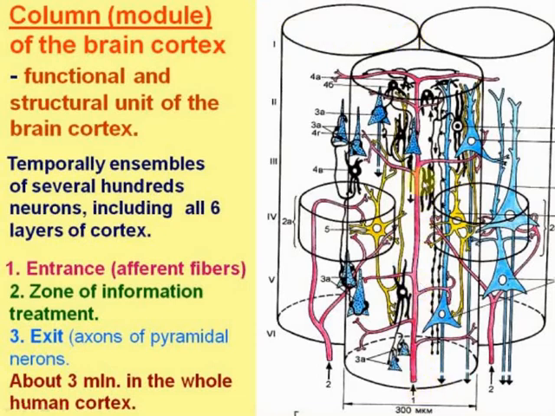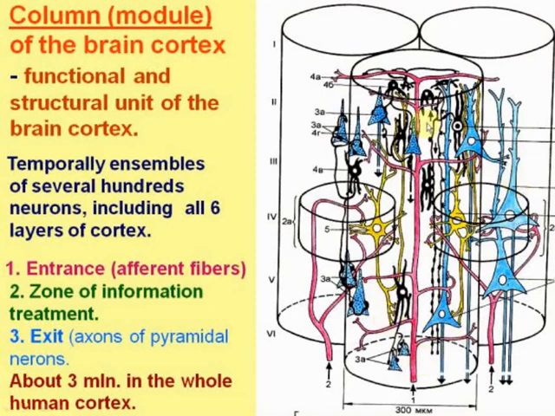It consists of 3 parts: the entrance through the afferent fibers, centrally located cortical fibers, which come in from another part of the brain cortex, they're mostly axons of pyramidal neurons from other columns, and thalamocortical fibers, which bring information from the thalamus opticus of the intermediate brain.